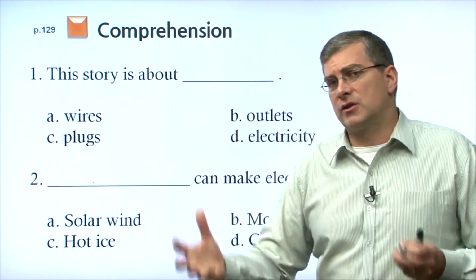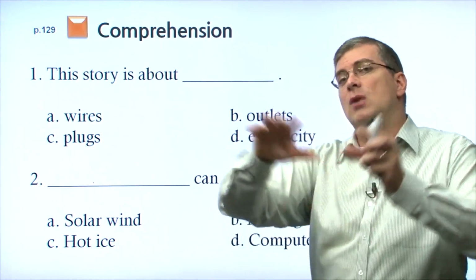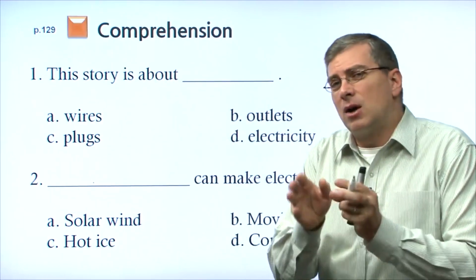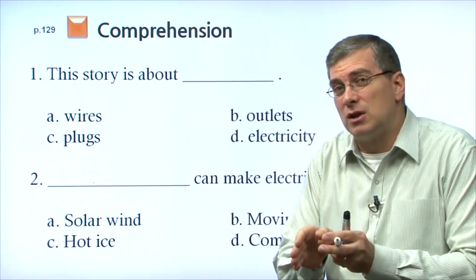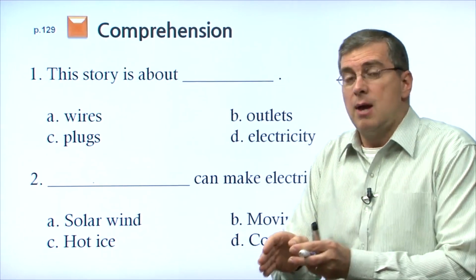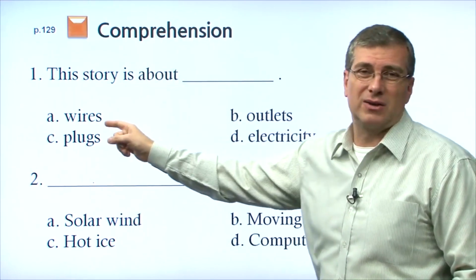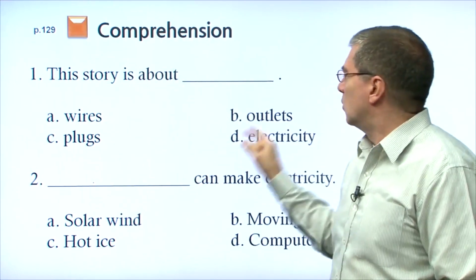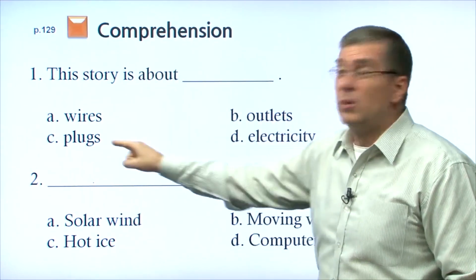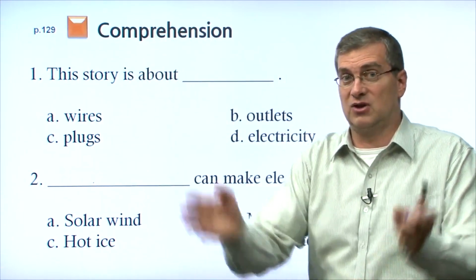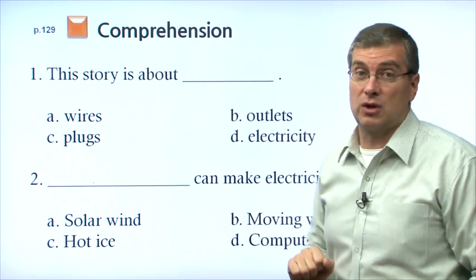When you think about a story, the story has a general topic, a larger topic, not a specific one. There are specific things that are mentioned in the story, but those things are not what the whole general story is about. Sure, we may have mentioned wires, outlets, and plugs, but the larger topic of the story is all about electricity, right?